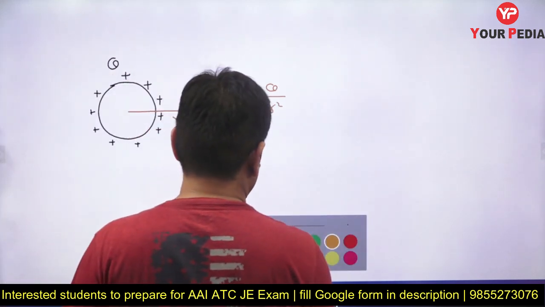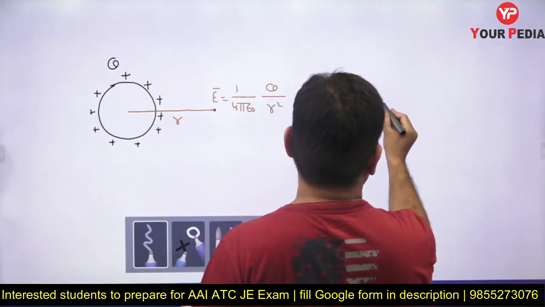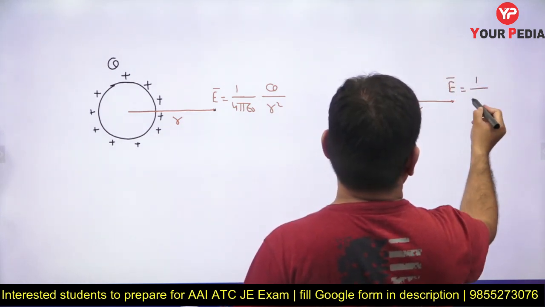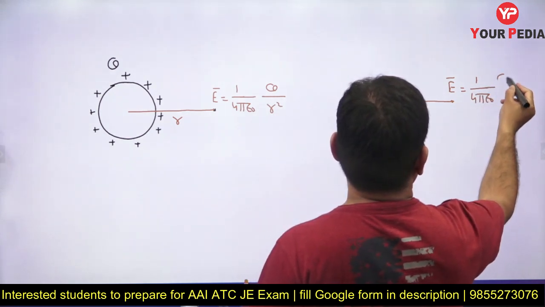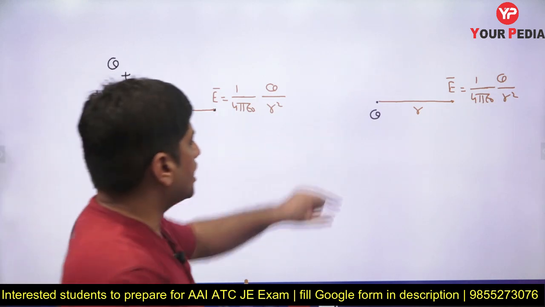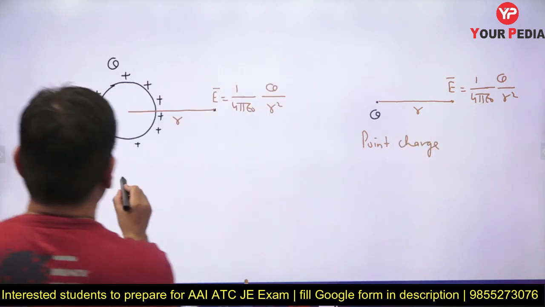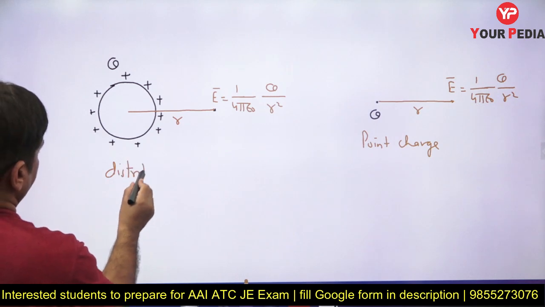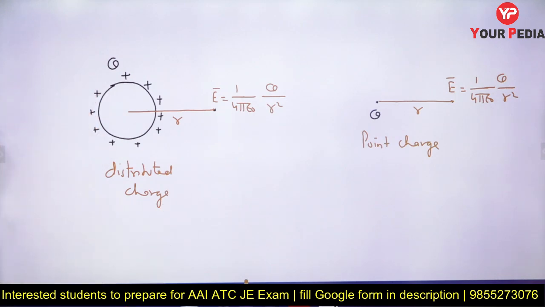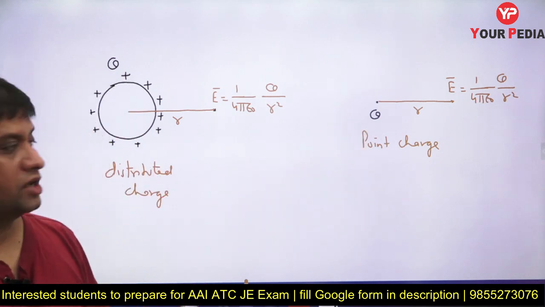What if I give you the entire charge Q and then ask you to calculate the electric field at distance r? That will also be 1/4πε0 Q by r square. Both the formulas are the same. So whether this entire charge is a point charge, or it is a distributed charge, as a spherical shell or spherical conducting body, you are going to get the same formula. That is something which is very, very important.